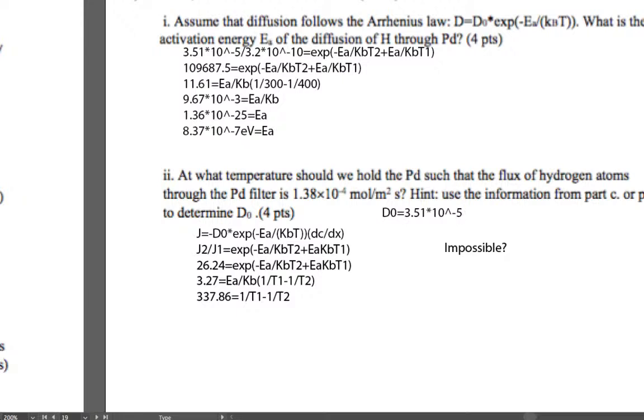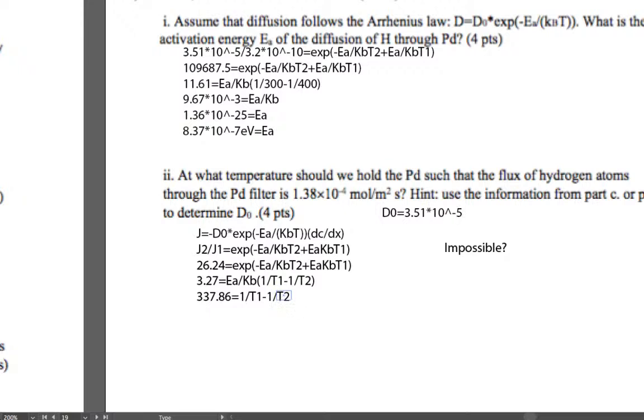We want to divide it by the EA over KB, 9.67 times 10 to the power of 3. And then after that you want to take the inverse of the answer. So we just basically flip the answer, and that's basically the T.